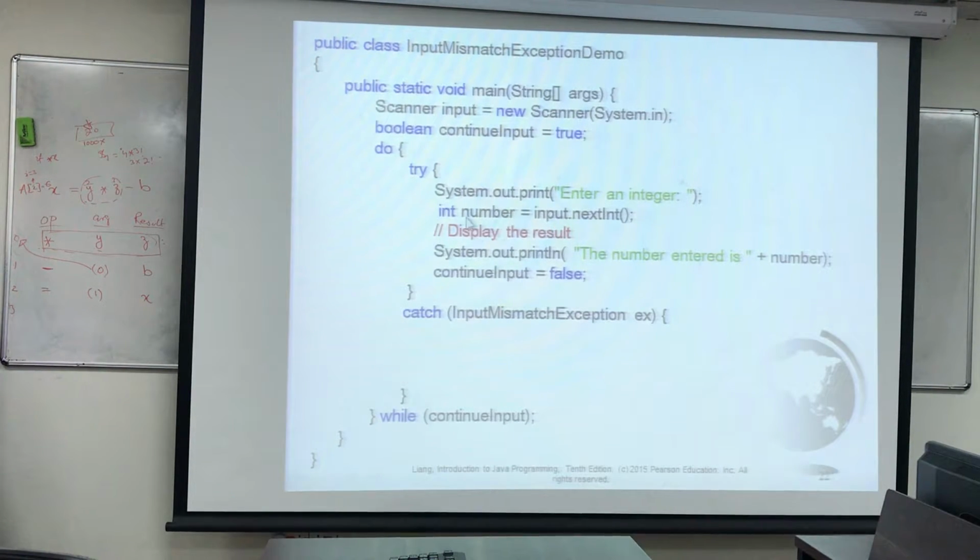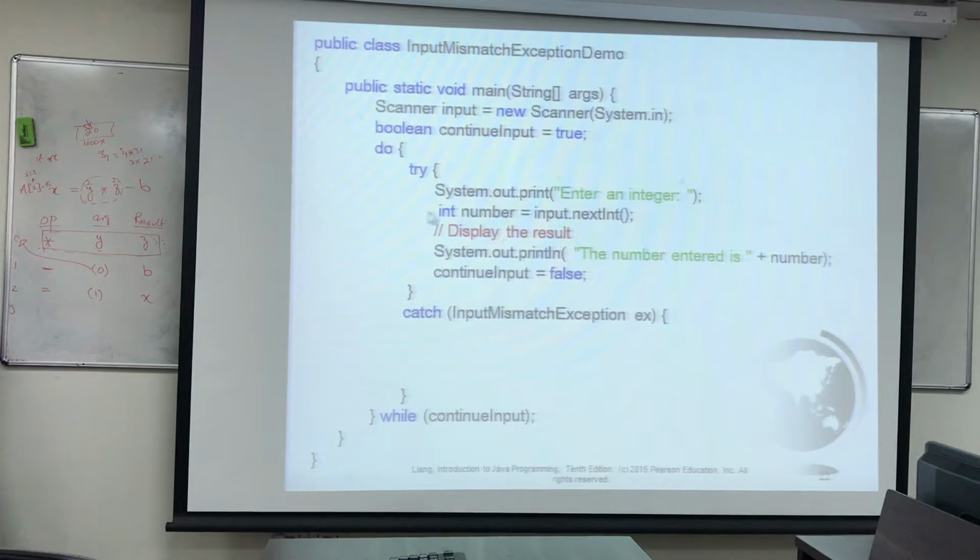While your program is running, there can be possibilities of having exceptions. For example, here you are asking the user to enter a number, but suppose he entered a string or anything else. So your program will crash at this line. I don't want my program to crash. I want my program to exit safely or gracefully. So I say, okay, if there is an exception, go to the catch.